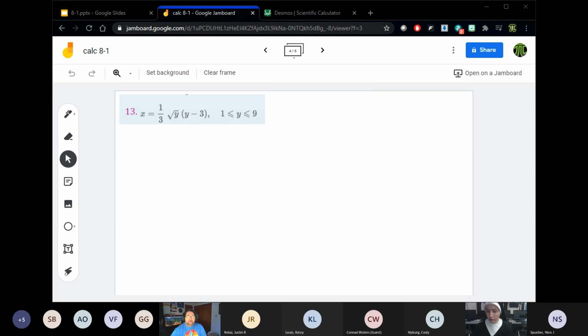This one's asking you to find the arc length of this problem. Remember, we're going to use that formula. So we're doing the arc length.